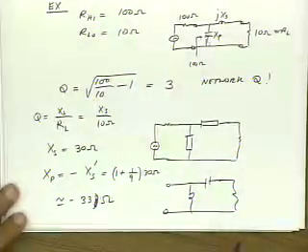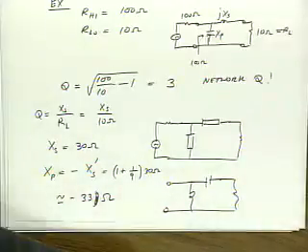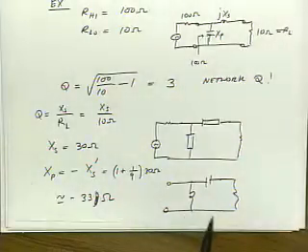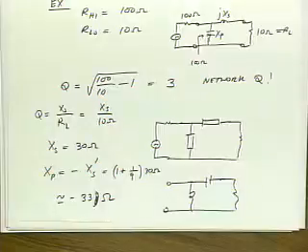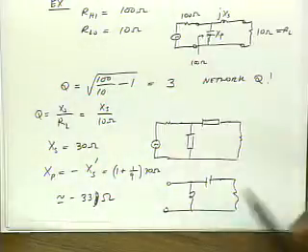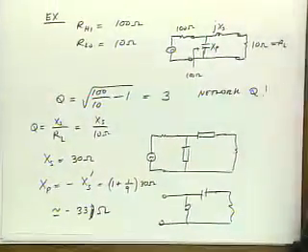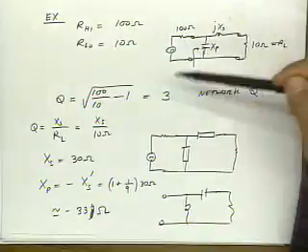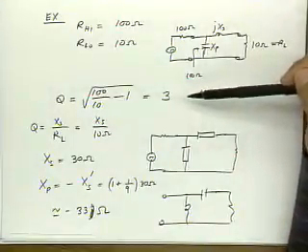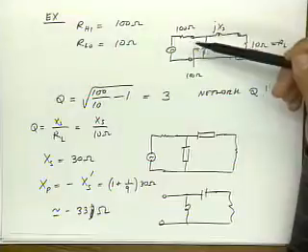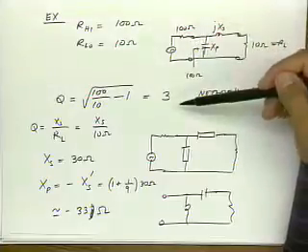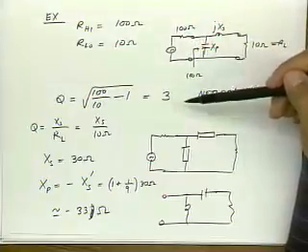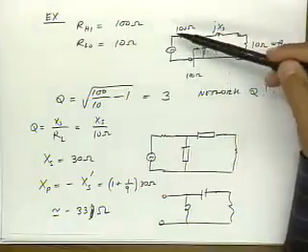Question? Yeah, so the Q here, does it provide any information about the bandwidth of the matching as well? It does. Actually, the Q tells us how good the matching bandwidth is going to be, and already we see a problem because we had no way of controlling Q. Q just comes out of the calculations. It's determined by the ratio of impedance transformation. So here a Q of 3 is pretty wide band, right? But what if we wanted to go from 1 ohm to 100 ohms?